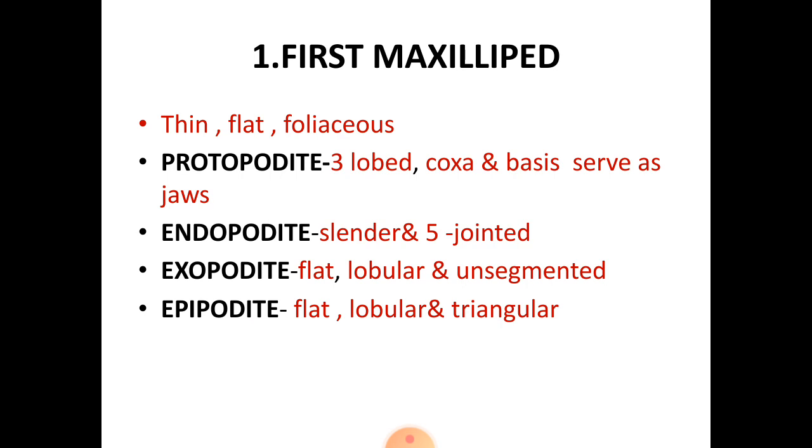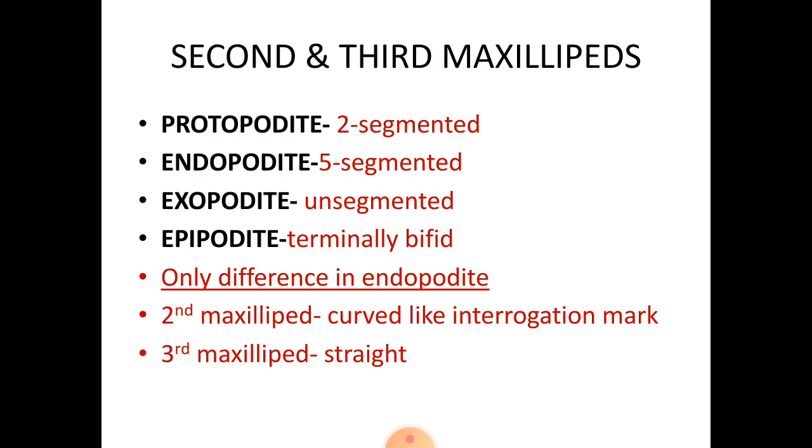The first maxilliped is thin, flat and foliaceous, and the protopodite is three-lobed. Coxa and basis serve as the jaws. The endopodite is slender and five-jointed, and the exopodite is flat, lobular and unsegmented, whereas the epipodite is flat, lobular and triangular.